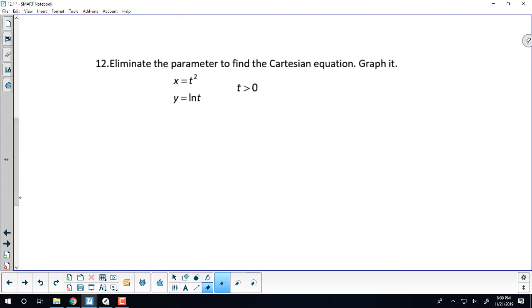Okay, so here, eliminate the parameter from x is t squared, y is ln t, where t is larger than 0. So just to obtain y equals, if you wanna always obtain a y equals in that situation, just like we've been doing, we have to solve for t in terms of x, and then plug that in for y.